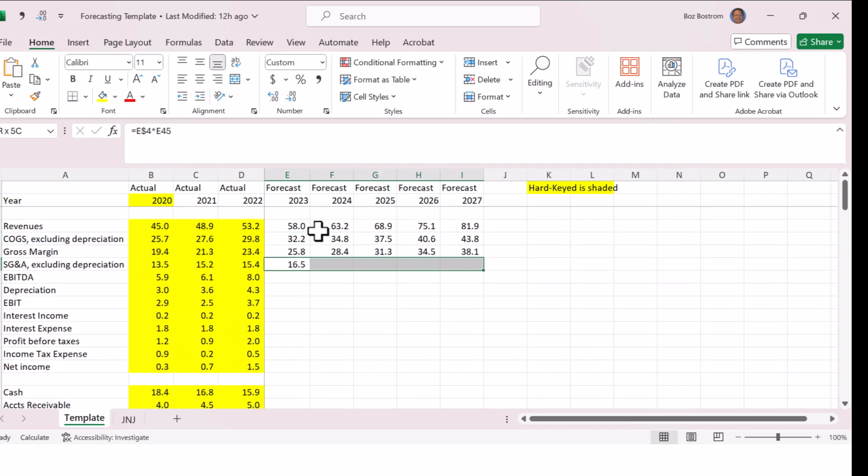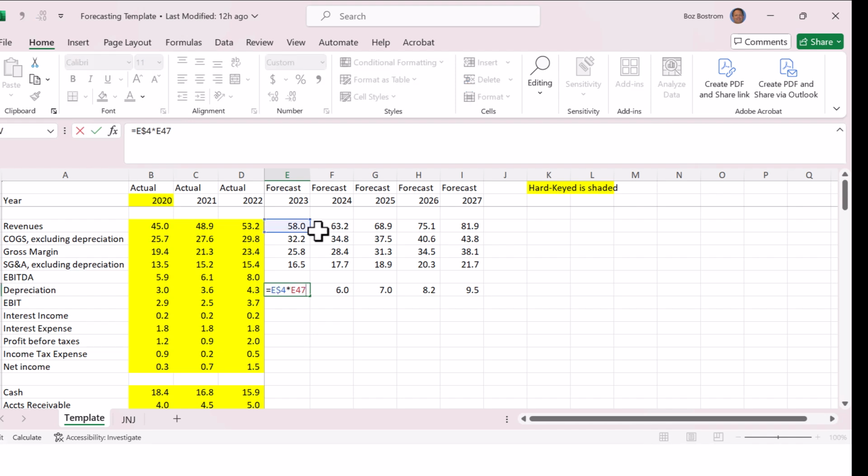And now I'll paste this off to the right. And the reason that I did that is because with this entire range highlighted, I can hit Control C and then go to depreciation and hit either Control V or enter. And if you look what it's done now in this cell, it's still going off E4 and it's still moving to F4, G4, H4, I4.